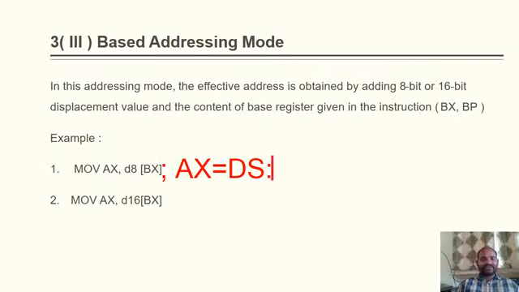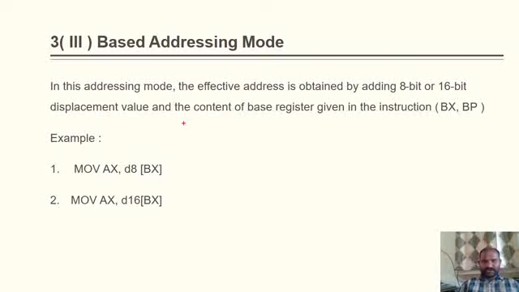Instead of taking this one, I'll go for another way of explanation. I'll take one example instruction. This is the syntax, and here I'm assuming BX is 9000H.